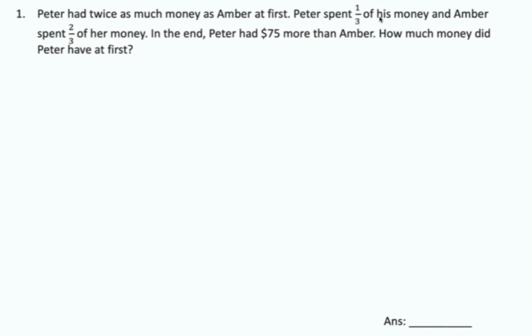Normally, in primary 4 or earlier, the transfer is Peter spent $4, Peter spent $3. That's the normal way the questions are set. However, here, instead of $3, $4 or $5, it tells you Peter spent a proportion of his money, and that's 1/3 of his money.